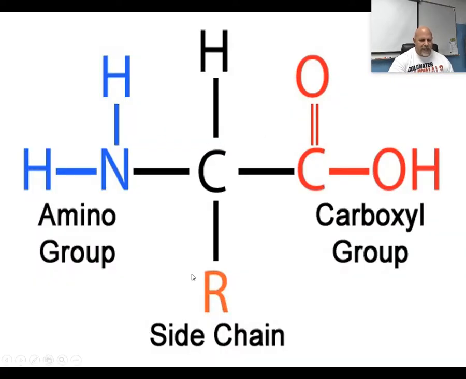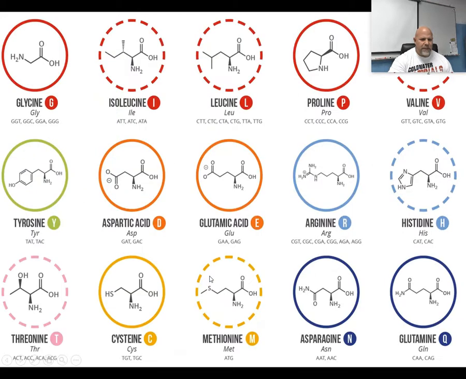So the side chains of the amino acids are critical to the shape of the protein. So all amino acids are pretty much the same. They have an amino group, NH2, and then a hydrogen, and then a carboxylic acid group, and then they have a side chain. And the side chains vary quite a bit.